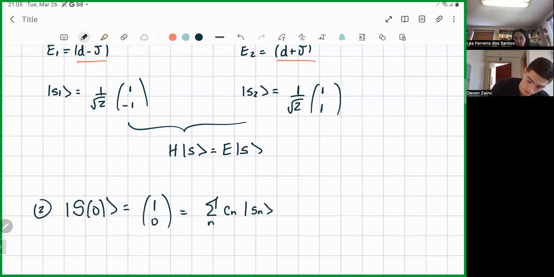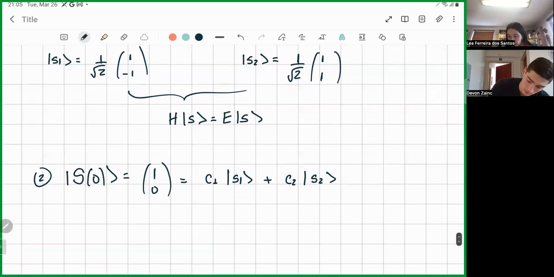Well, here we have just 2, so I didn't need to put the sum like that, no? But just for you to remember how we were doing. So we just have to write a sum like this, which means we have to find a component C1 for the S1 vector and the component C2 for the S2 vector, eigenvector. Okay, this is such a simple scenario, no?